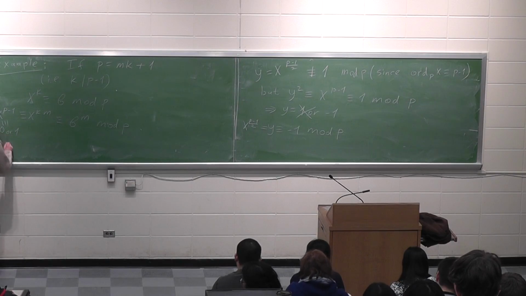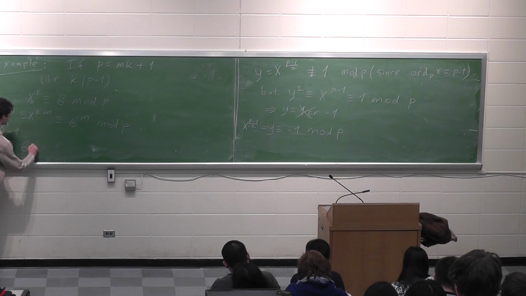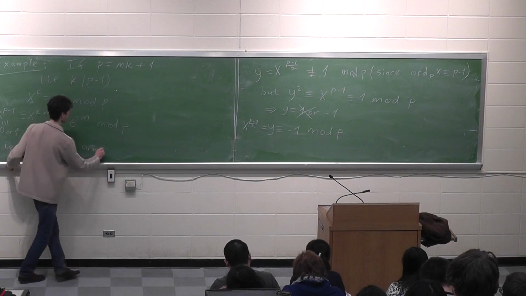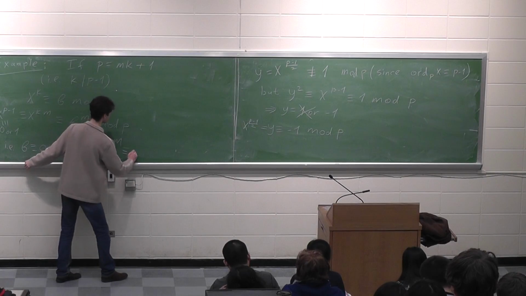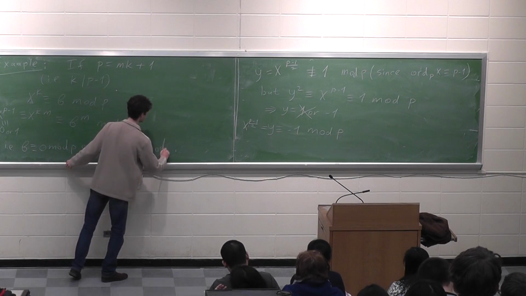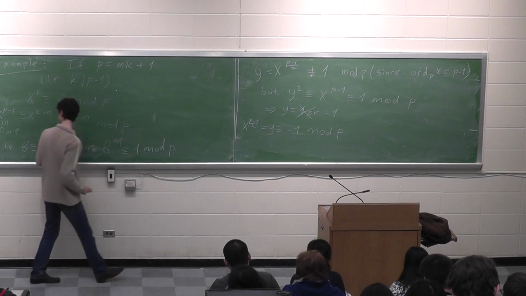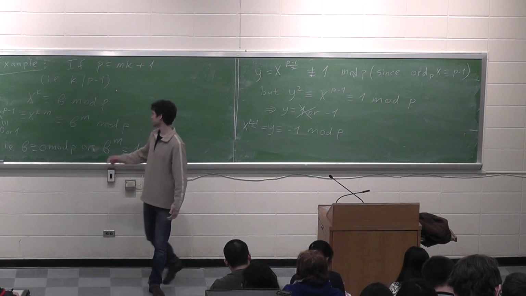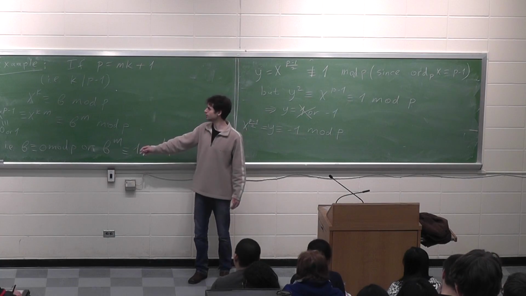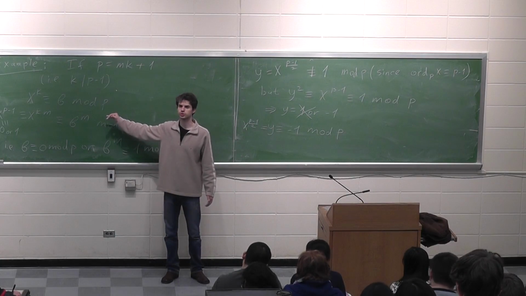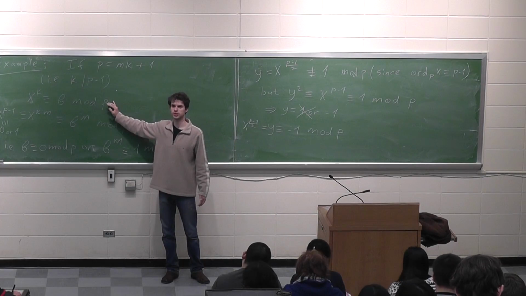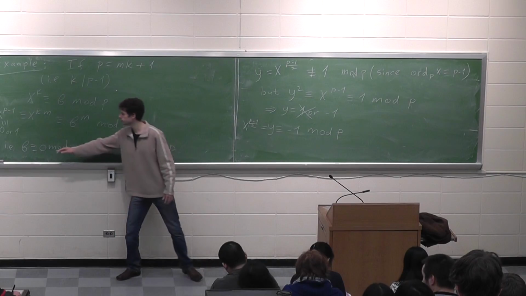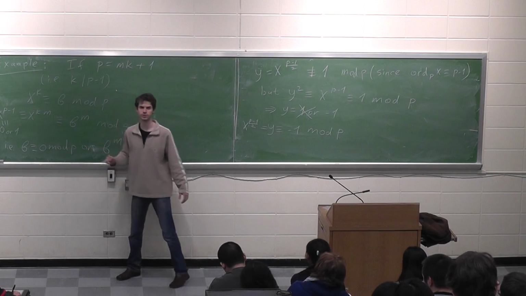That is, b is either 0 modulo p, or b to the power n is congruent to 1 modulo p.